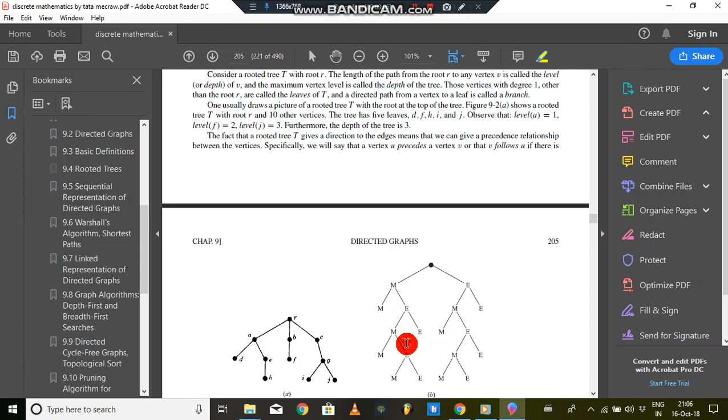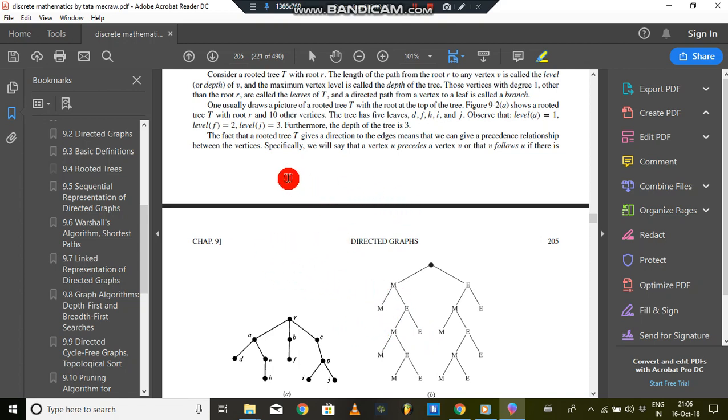Here you can see all the trees and all the nodes, and any of them may be a root node. If you consider this, then this is the root node with two children and one child. It may be possible this is the right child and this is the left child.